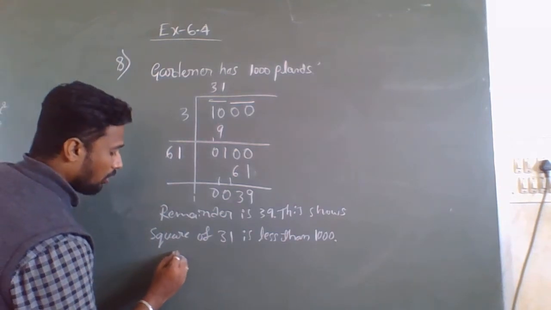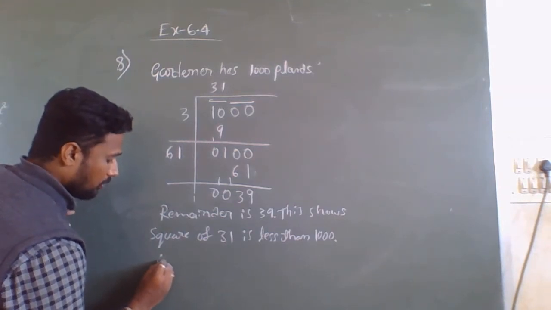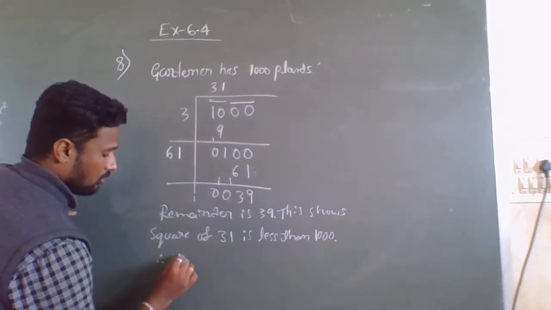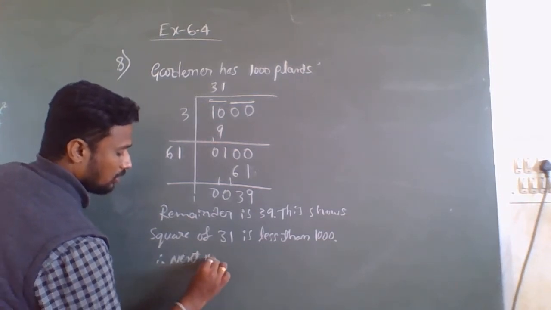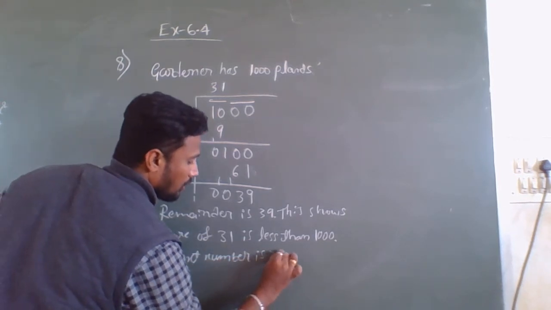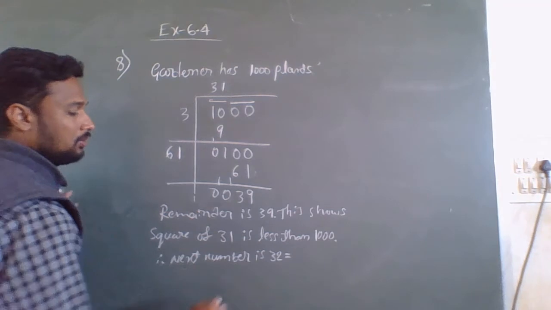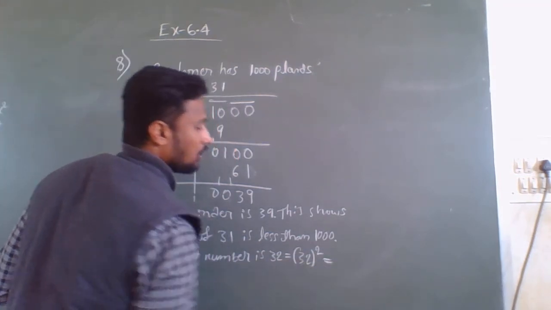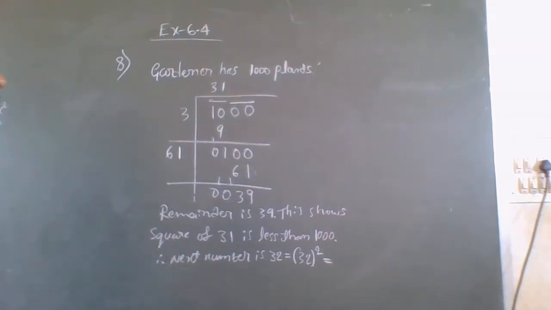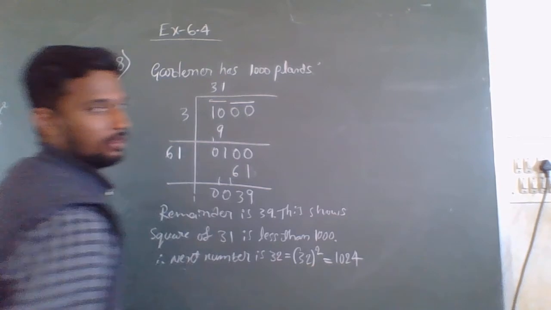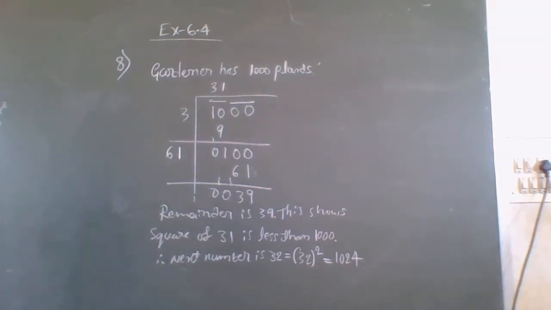So the next number is 32. 32 squared, what will you get? 1024. The square value of 32 is 1024.